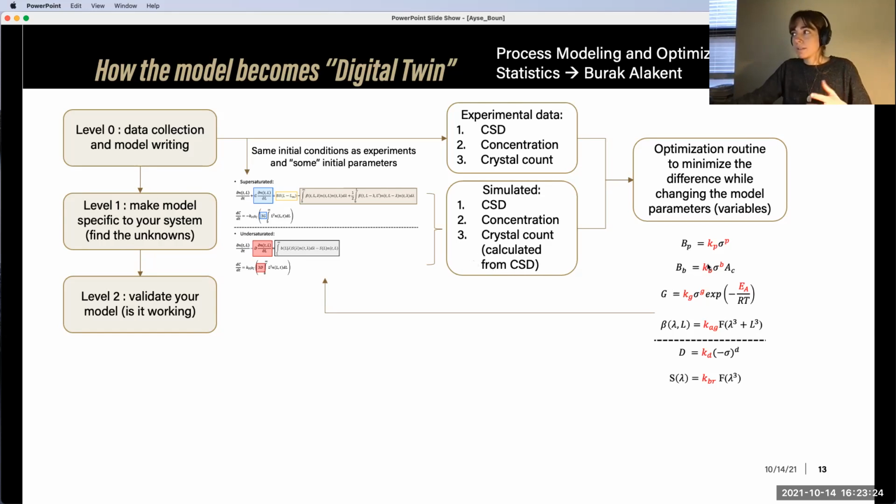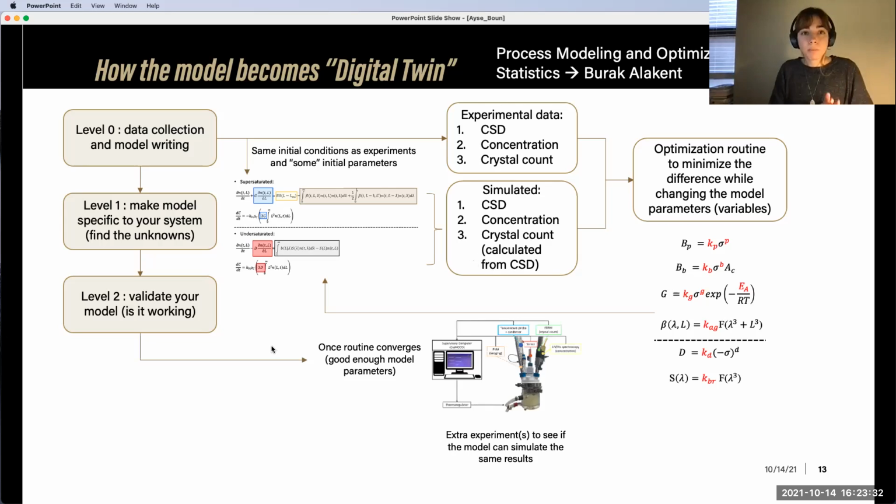And then once I estimate these unknowns in this routine, I go back to the lab and do extra experiments, 1 or 2 or 3, and then I try to use that model with the estimated parameters to simulate the new experiments. And if they can be simulated well, if my model can predict the outcome, I call it a digital twin.